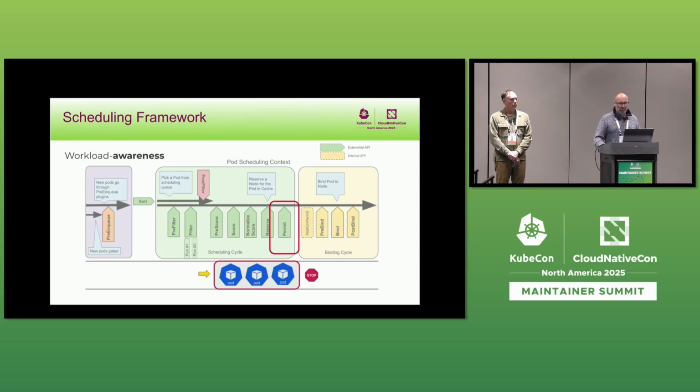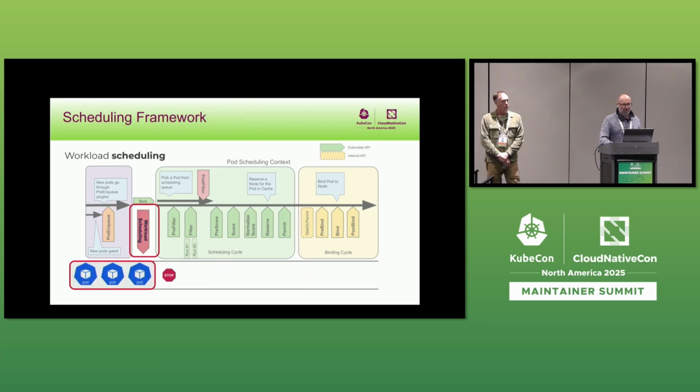So we want to first collect changes and accept them at the same time before we allow actuation. But the actual workload scheduling will happen earlier. So it will be a new phase in which many pods are scheduled at the same time.